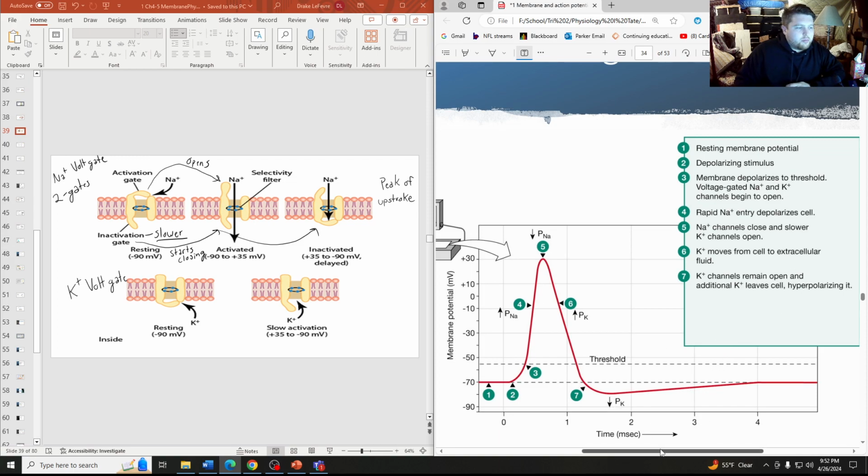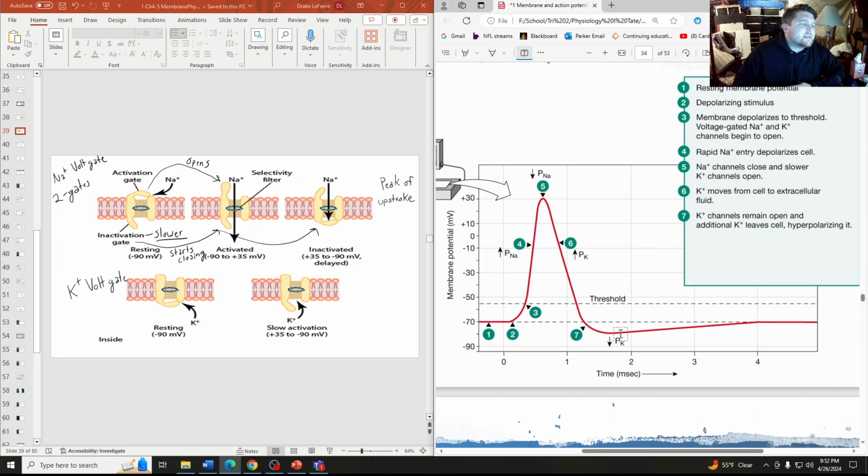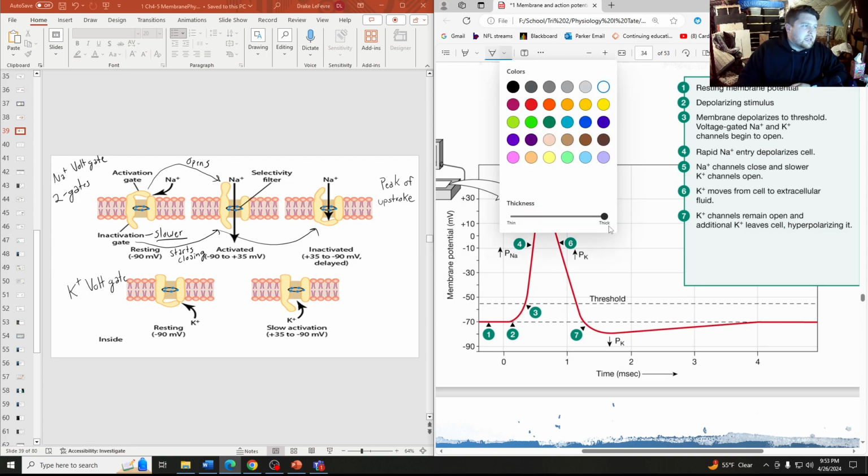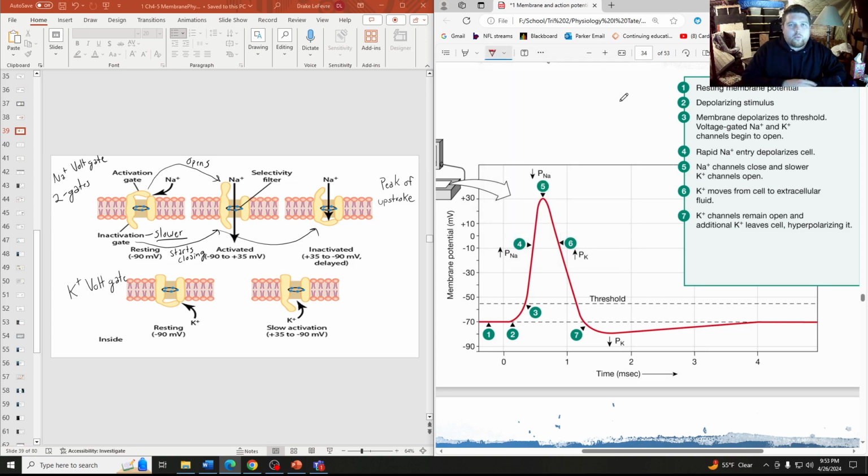That's the hyperpolarization. The reason we get this hyperpolarization is because we don't want the body sending too many signals too quickly. We kind of want to regulate that control, and that's what this does. We get what is called an absolute refractory period and a relative refractory period.